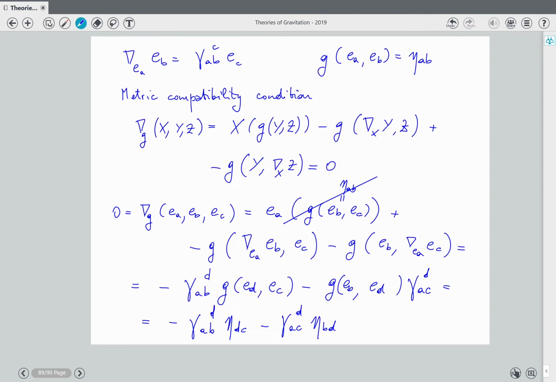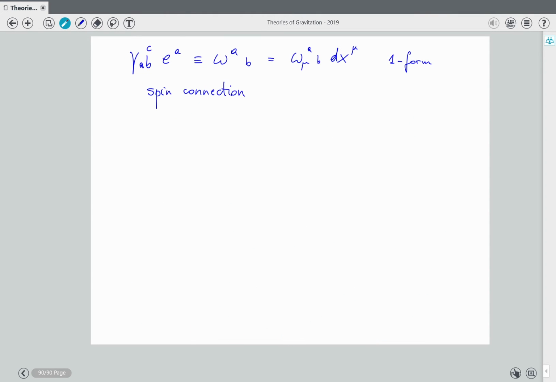And we want to rewrite this identity in terms of this omega, and it's sufficient to multiply everything by E superscript A. So if you multiply by that, you have E^A contracted with the first index, and that is omega because E^A is contracted with the first index. And the other two are left out.